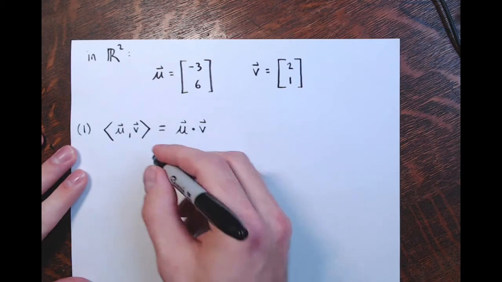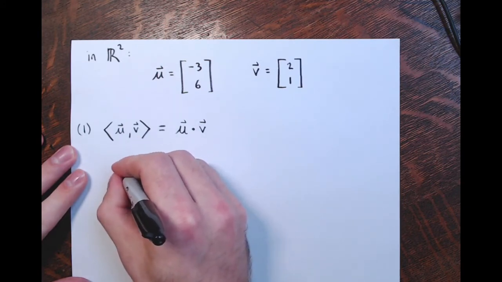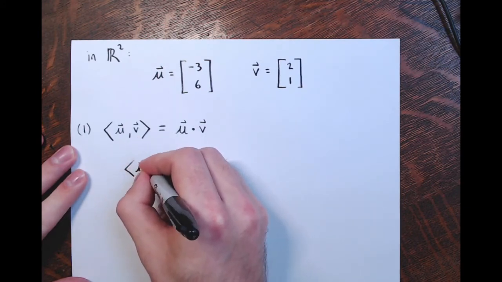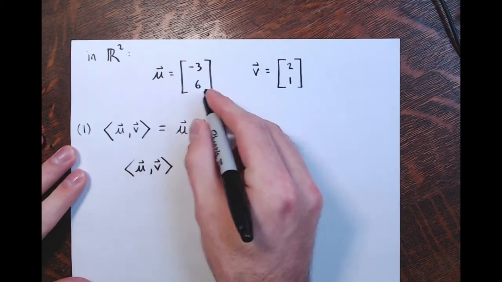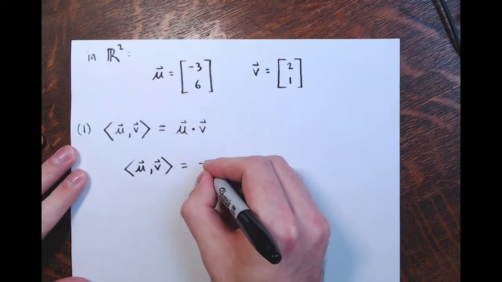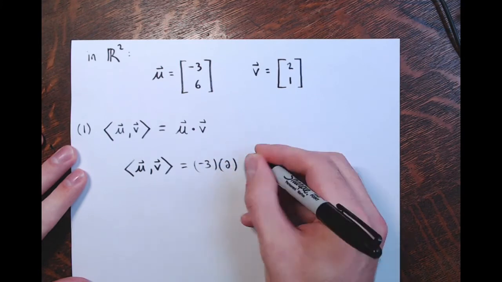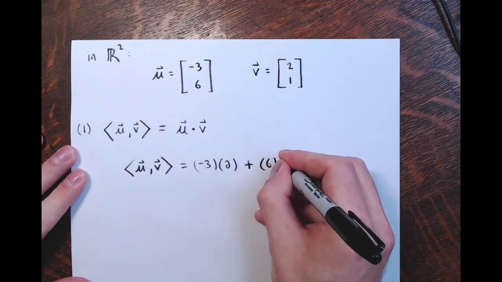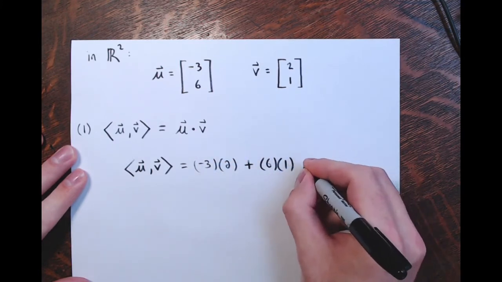Well, in this case, the inner product of u and v that I was given up here would be negative 3 times 2 plus 6 times 1, and that is 0.